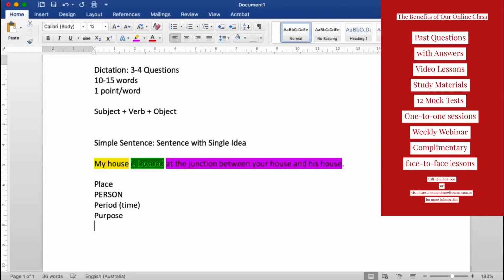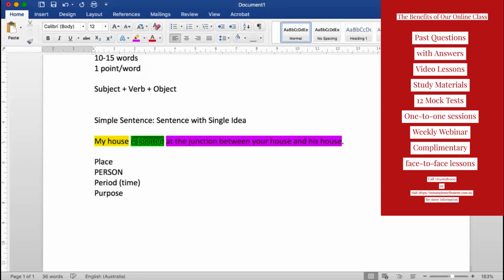Anyway, so this is usually about the place, person, period, or purpose. So this kind of sentences, when you're practicing, make sure that you can identify them, which is the subject, which is the verb, or the information related to verb, and what is the extra information, which is about a place, a person, a period, a purpose. I'll give you some examples here about the other P's as well.